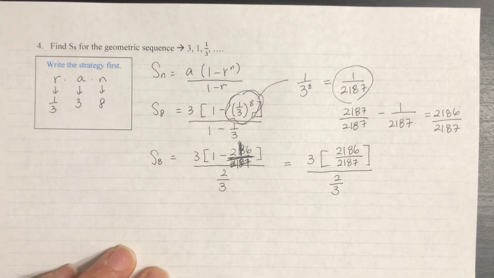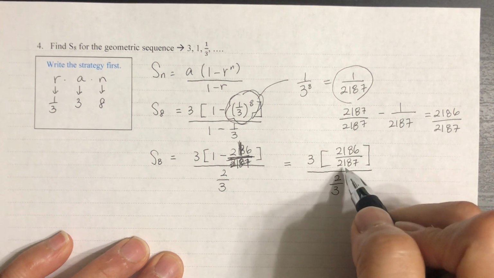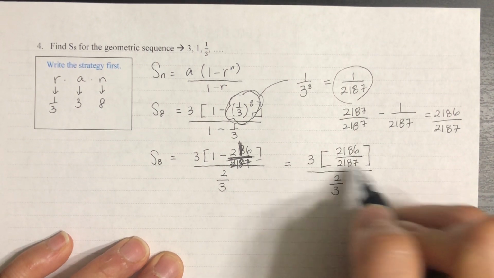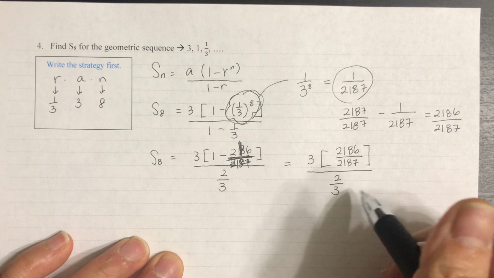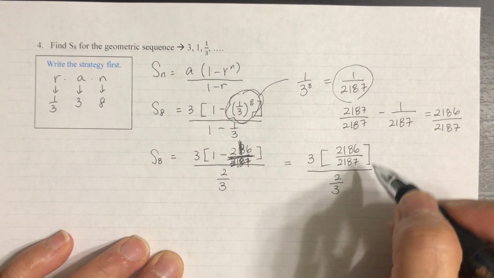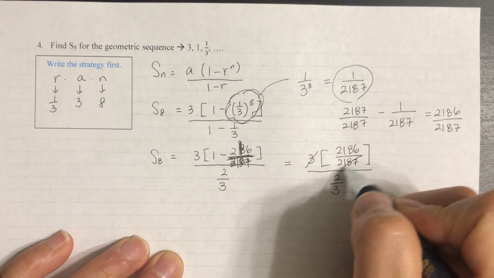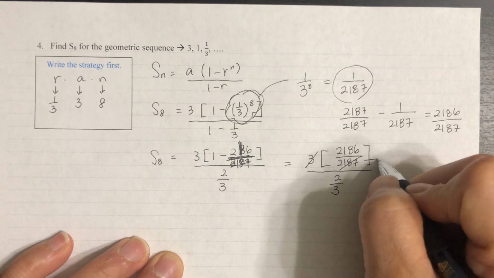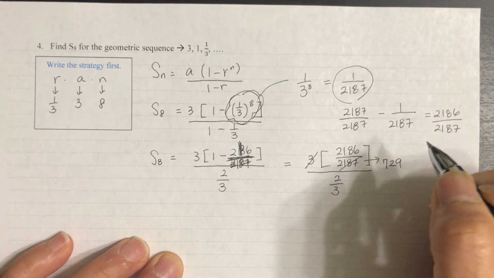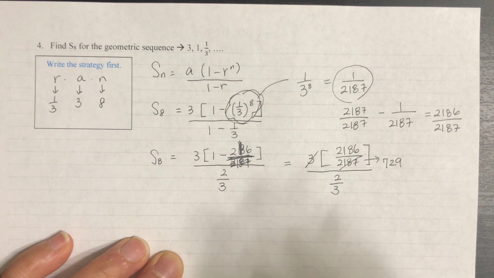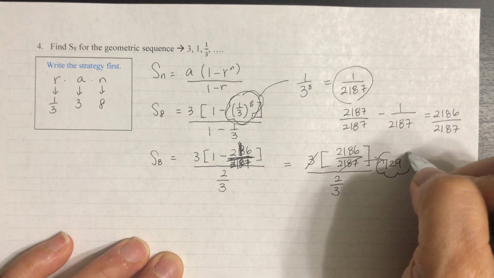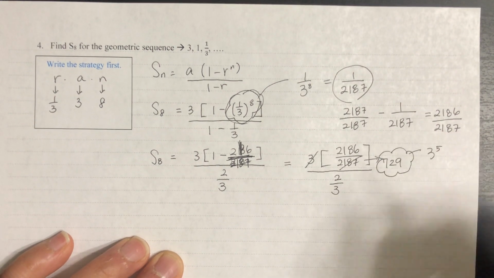Okay, it's a little complicated. Now what we want to do is see if this is divisible by 3. Before you go on multiplying, always see if they reduce. And yes, they do, and that becomes 729. Now when you see 729, you have to immediately know that is 3 to the 6th.